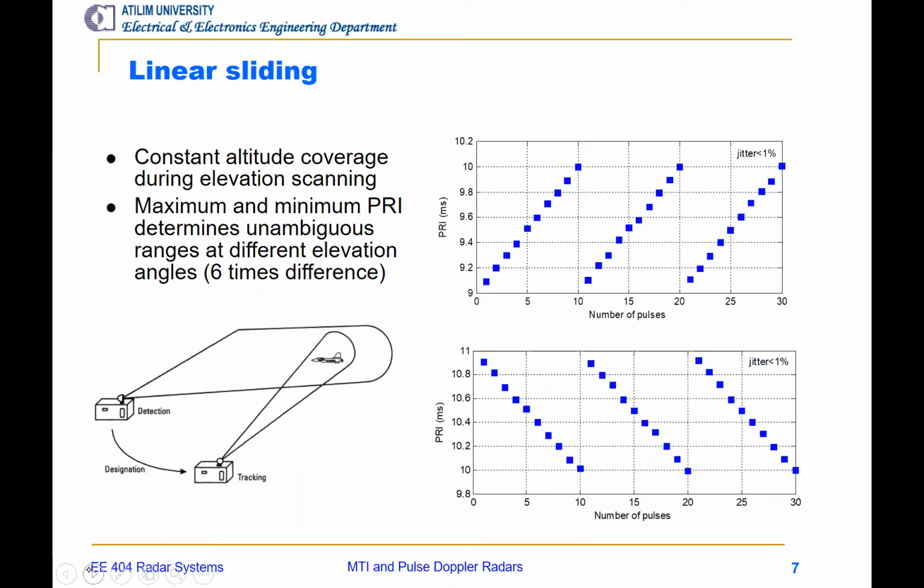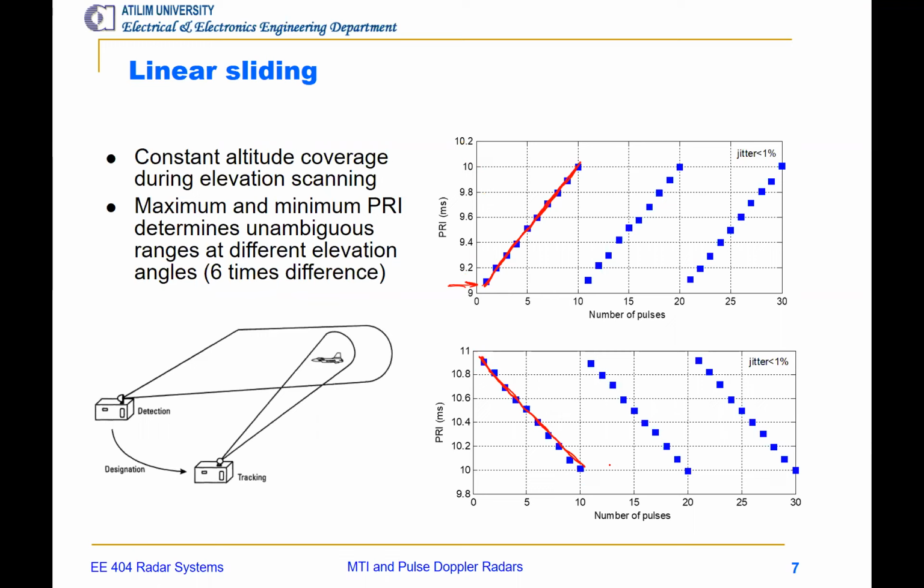Linear sliding, it could be up sliding or down sliding, depending on the slope, depending on the variation of the PRI. It might start from a value right here and go up to 10 milliseconds, for example, with a positive slope, or it might start from 11 milliseconds and go down until 10 milliseconds, for example.